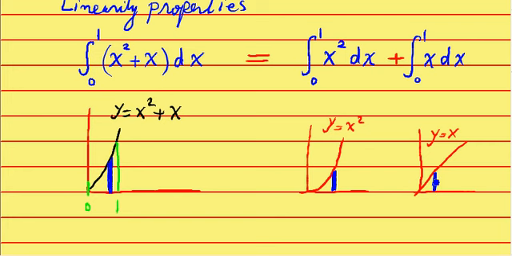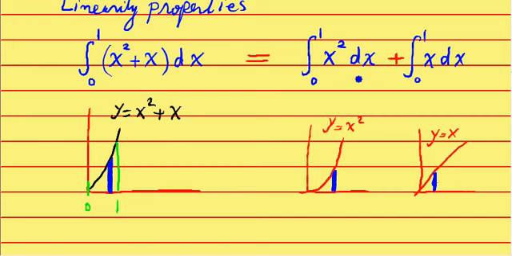That is, if I add these two heights, I'll get the height here. That's what it means to add the two functions. So if you're trying to calculate the area of this interval, of this panel, that would be the same as calculating the area of this panel and then that one separately and adding them to each other.